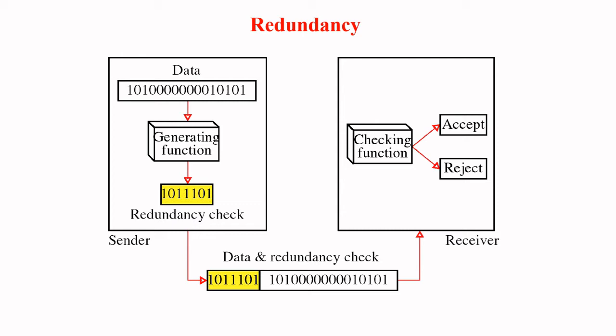So in this diagram, data is input to the generating function, and after that some redundant bits are generated, and after generation, data and those redundant bits are transmitted through the communication channel, and at the receiver end with the help of checking function it is checked whether data will be accepted or rejected.